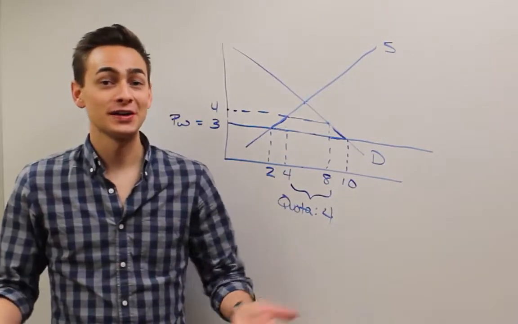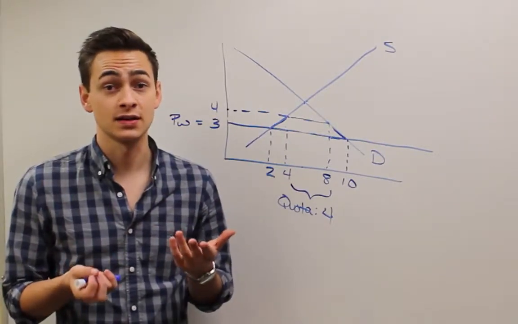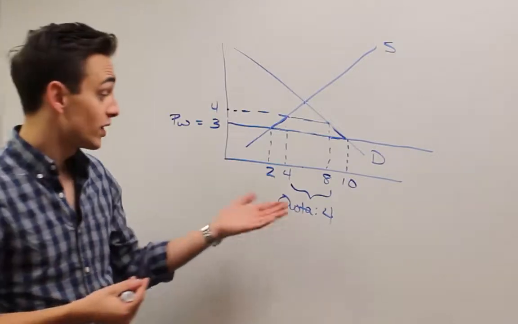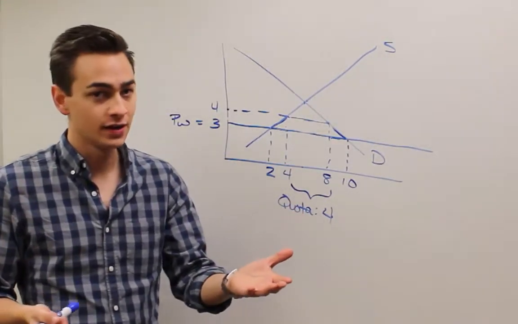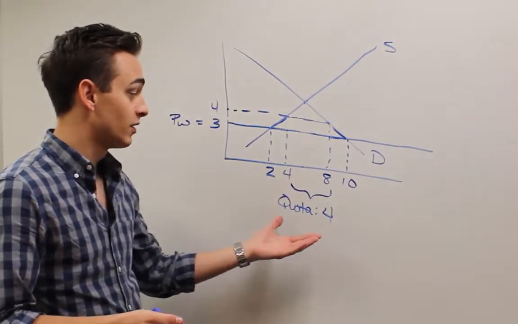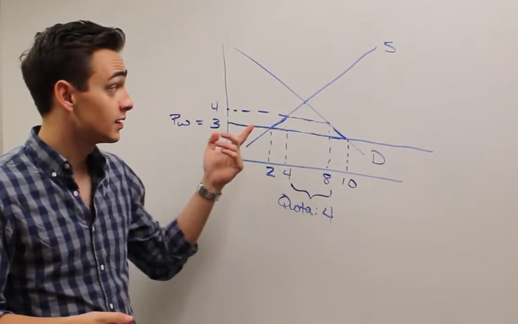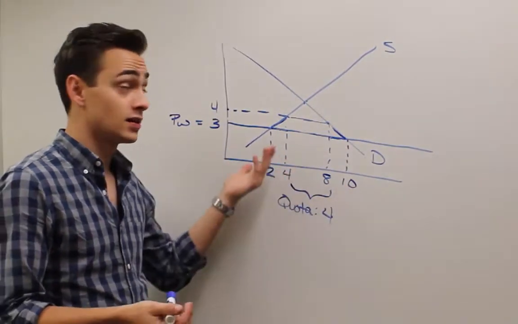The main takeaway here is that there are two different ways that a government can protect domestic industry, and that's a quota and a tariff. They both have the exact same effect, if calibrated together, on imports, on price, and on the welfare of domestic consumers and domestic producers.